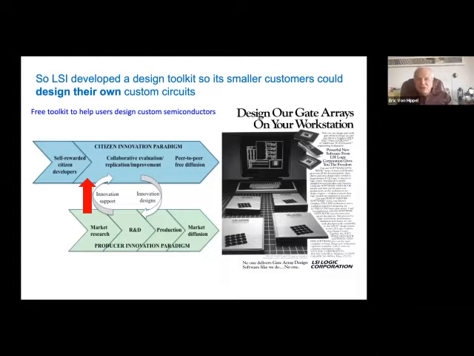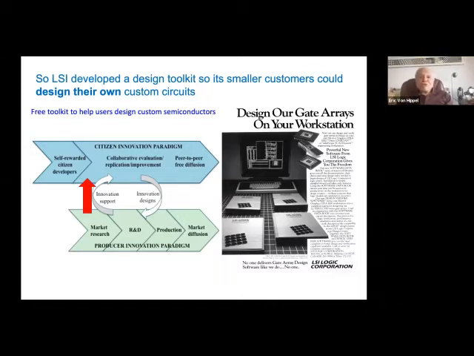We're going to give you easier to use design tools that are also used by our engineers in-house. And what you see there on those two arrows again is we are going to transfer, that's the arrow in red, we are going to transfer to you tools to enable you to design your own circuits.